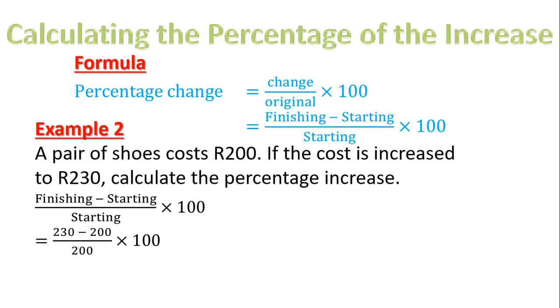We put that in our calculator, or we work it out, and 230 minus 200 is 30, and that's over 200 times by 100. And that, if we cancel, or again put in our calculator, we get equal to 15%.